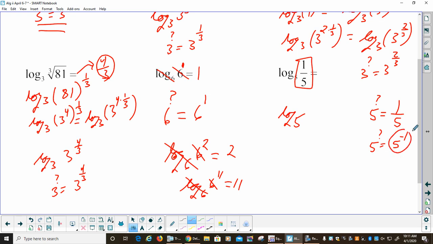This is worth 1/5. Okay? So that's 5 to the negative 1. The base is matching the base, so they cancel out. Or 5 to what power is 5 to the negative 1? Well, the answer is negative 1. Okay.